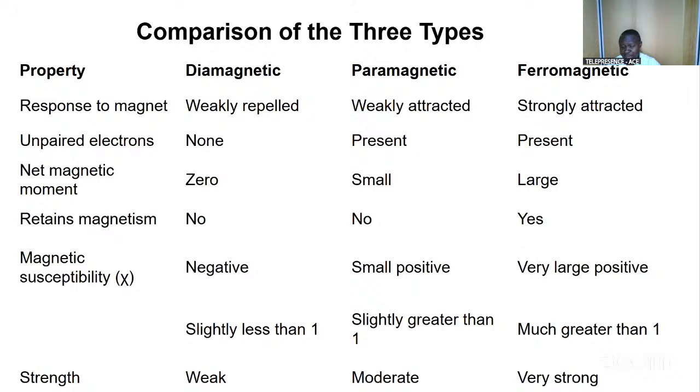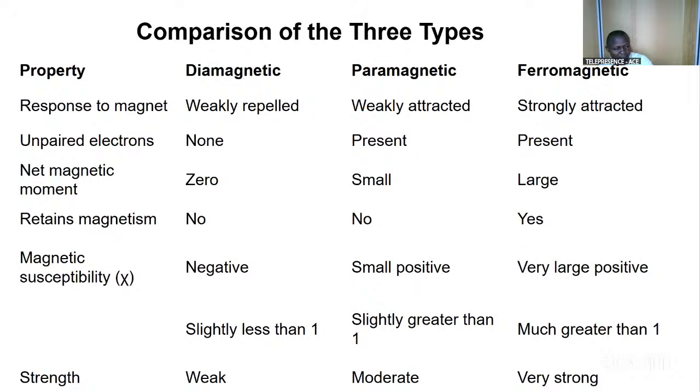Net magnetic moment. The net magnetic moment is zero in diamagnetic because the paired spins spin in opposite directions, and the effects cancel out. So the net magnetic moment is zero for diamagnetic, very small for paramagnetic, and large for ferromagnetic material.